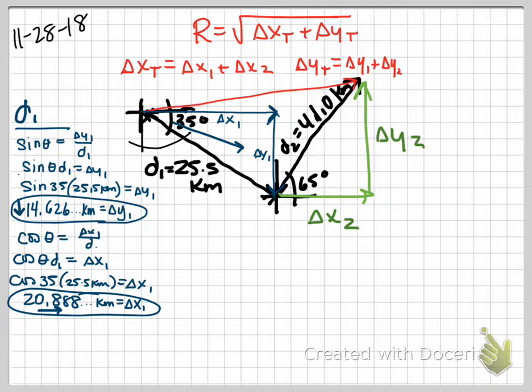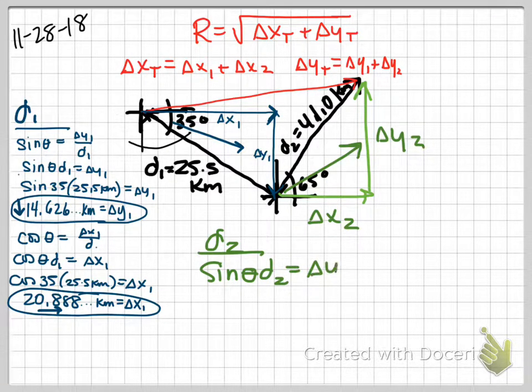It's going in the opposite direction of delta y1. So we're going to have to consider those signs when we add those. Okay. D2 it is. So looking at my angle, once again, y is opposite my angle. So I know that sine theta times d2 will give me delta y2. Notice that I skipped a step there.